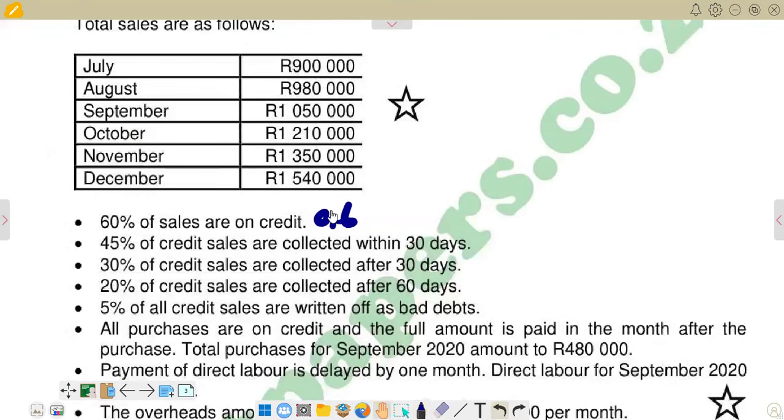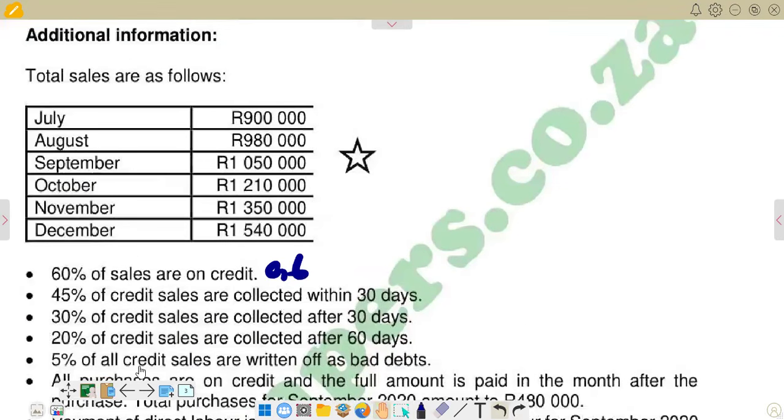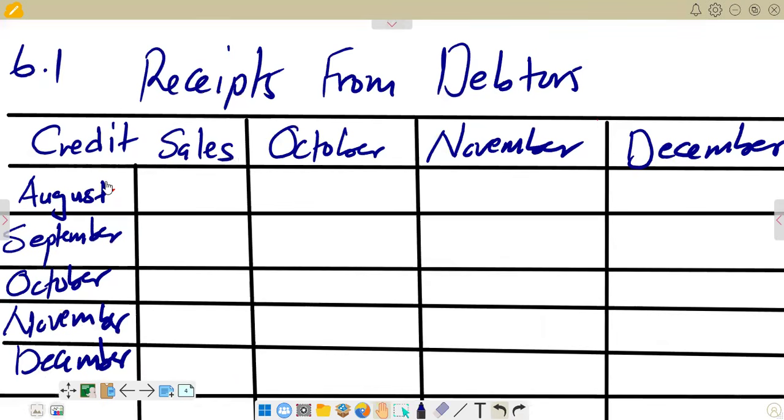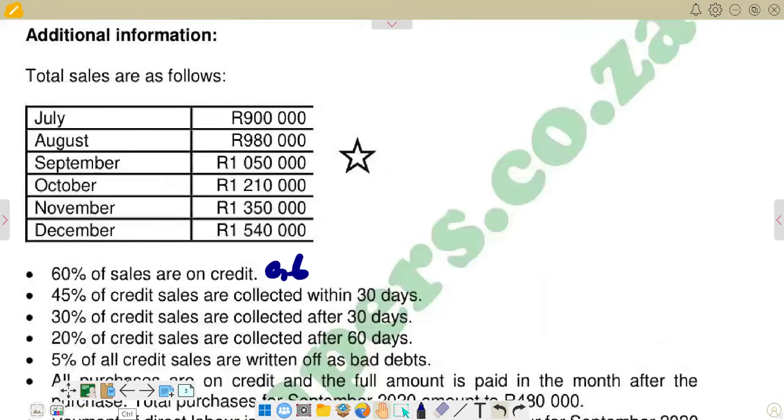So we are going to multiply each one by 0.6 to get the credit sales for that month. If you go to our answer section, you would see that our credit sales column starts from August. For August, we have total sales of 980,000, and 60% is on credit, so we multiply by 0.6.